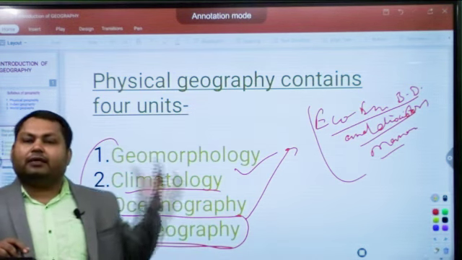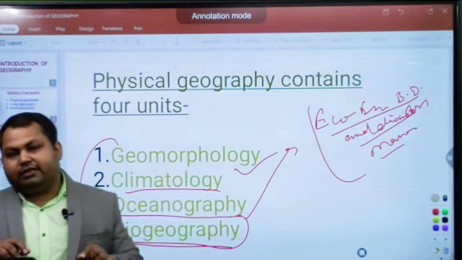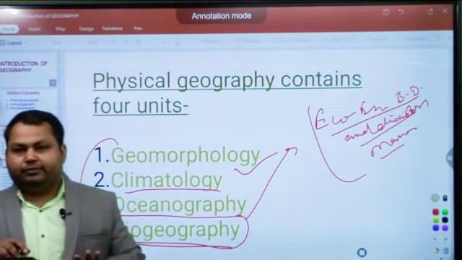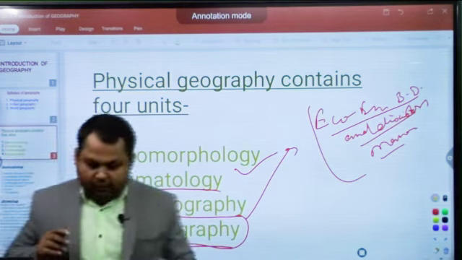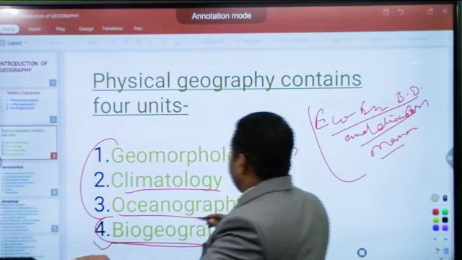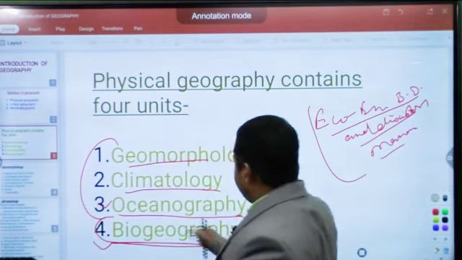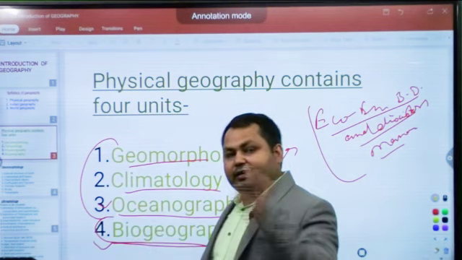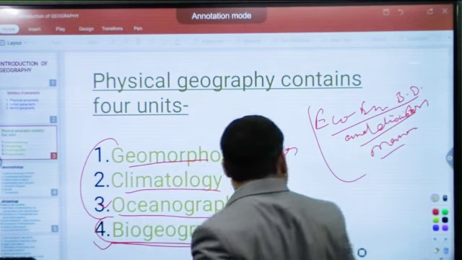That's why we can complete the preliminary course for environment, ecology, biodiversity, as well as the mains portion, right? So we will here focus on geomorphology, climatology, as well as oceanography, and the fourth unit I will discuss separately as a topic, as a subject, right?